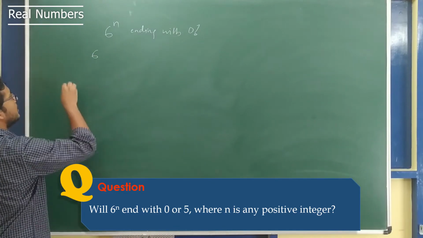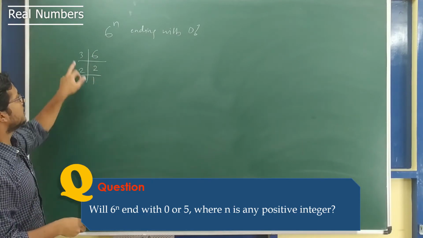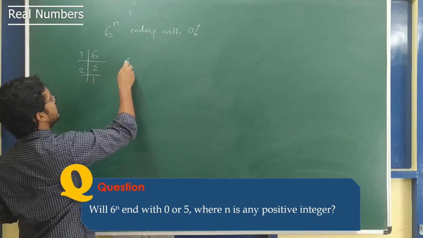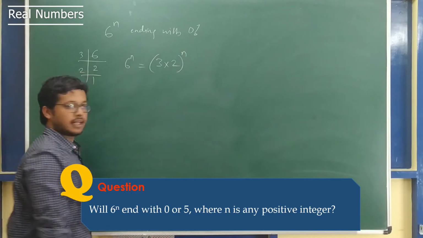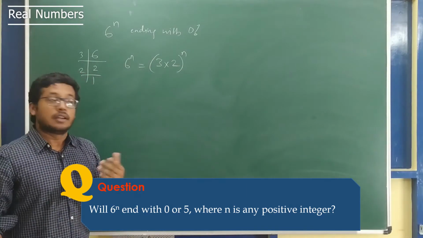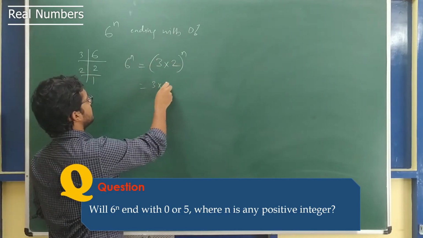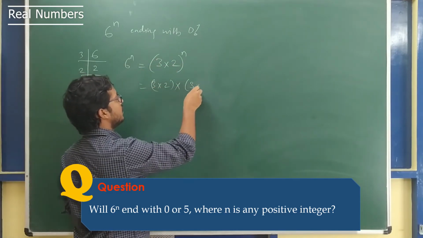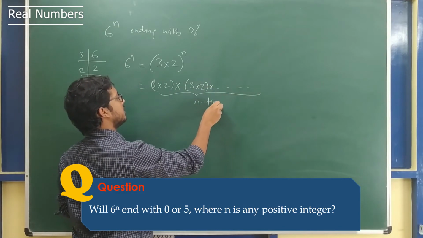So if at least one 5 and at least one 2 are definitely there, then it will definitely end with 0. So let's take the prime factors of 6. 6 is essentially 3 into 2. So 6 raised to n can be written as (3 into 2) whole power n. So here you are multiplying 3 into 2 n number of times. So 2 is there, correct? If I expand this, I'll write it like this: 3 into 2 into 3 into 2, and so on, n times.